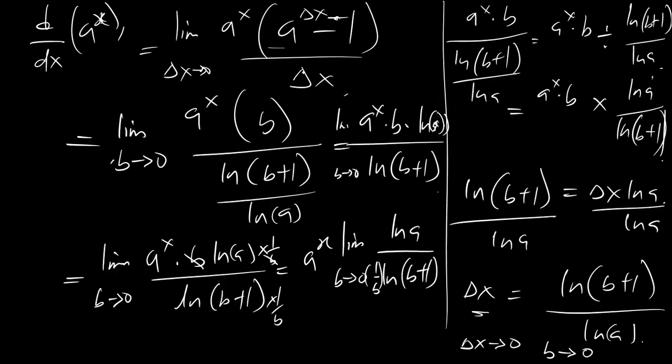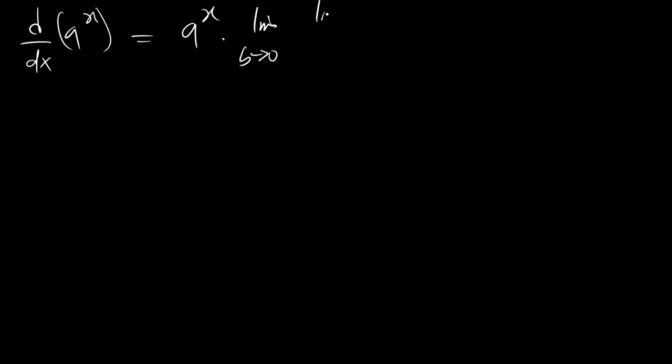So the derivative of a raised to power x will now be equal to a raised to power x times the limit as b tends to 0 of ln a all over ln 1 plus b raised to power 1 all over b.